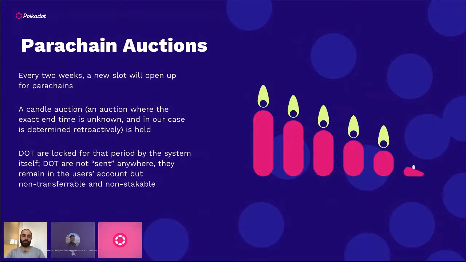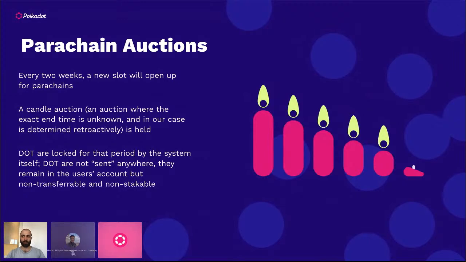a candle auction. A candle auction is something that was developed a few centuries ago to create an auction where the ending period was not known to the people participating in the auction, meaning when the candle went out.